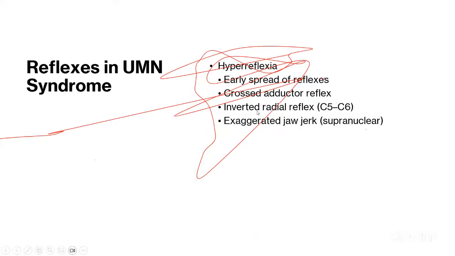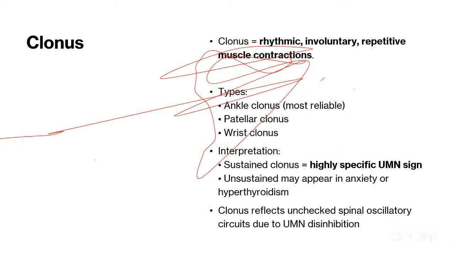Reflexes show hyperreflexia and early spread of the reflexes. There will be a crossed adductor reflex, and an inverted radial reflex if the lesion is at C5 or C6, and if it's supranuclear, an exaggerated jaw jerk is seen. If the reflexes are exaggerated, we have to check for clonus. Clonus is a rhythmic, involuntary, repetitive muscle contraction.